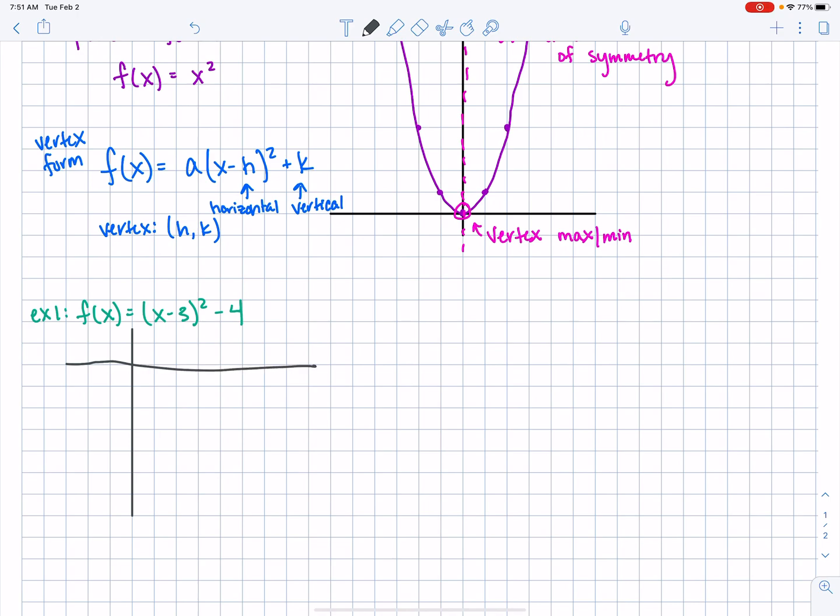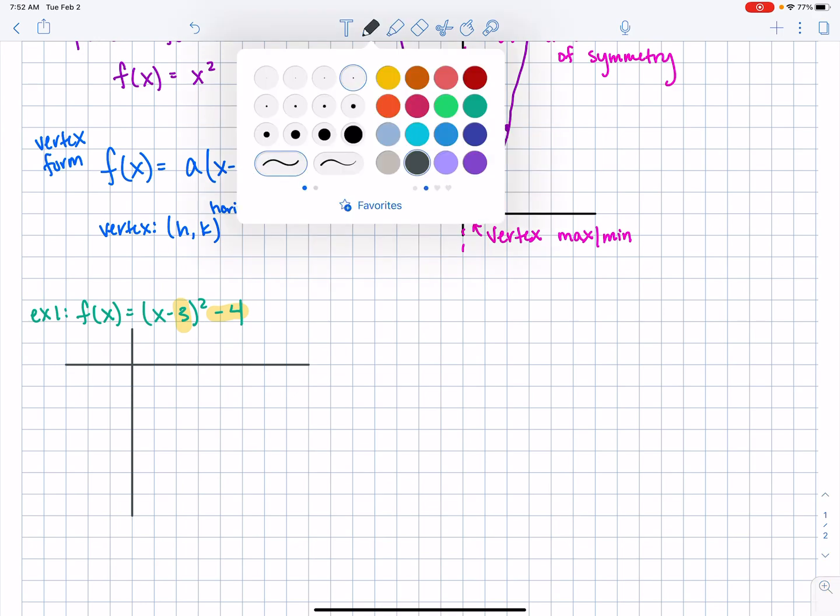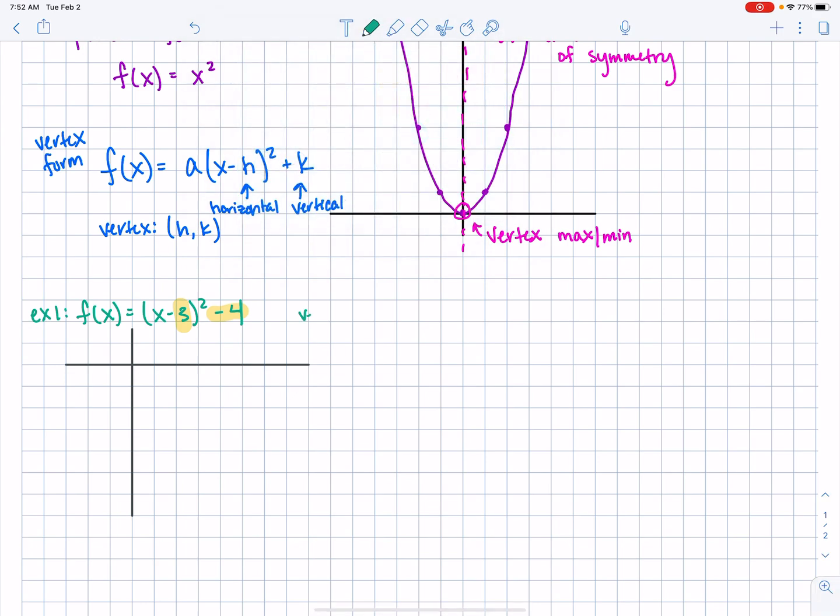There we go. Okay, so our vertex here is at the point, now be careful, this is positive 3 because it's x minus h, so we want to take kind of the opposite sign of it. So it's a positive 3, but this one's a negative 4. You use the sign for your vertical shift. So we know that our vertex is at the point 3, negative 4.